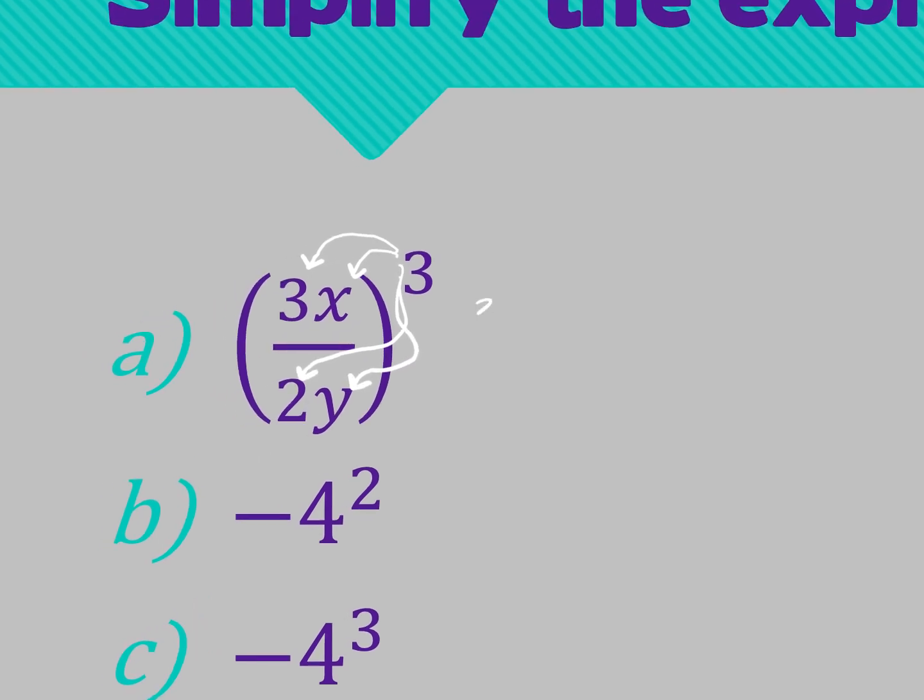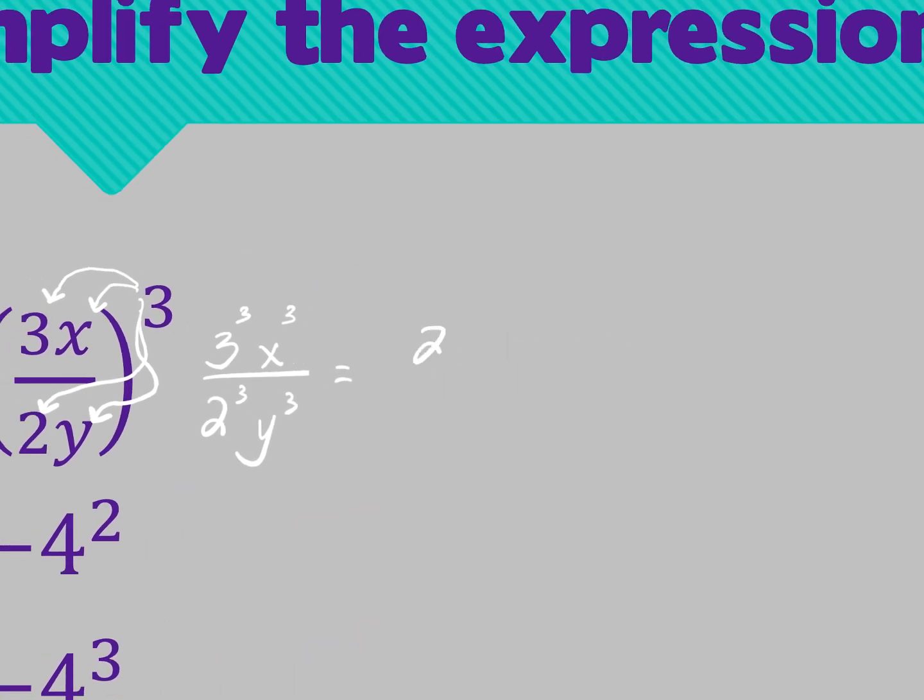So this becomes 3 to the 3rd, x to the 3rd, 2 to the 3rd, y to the 3rd. And then we simplify. 3 cubed is 27, x cubed. 2 cubed is 8, y cubed. And we always look to see if we can simplify. 27 and 8 don't reduce, so there we go.